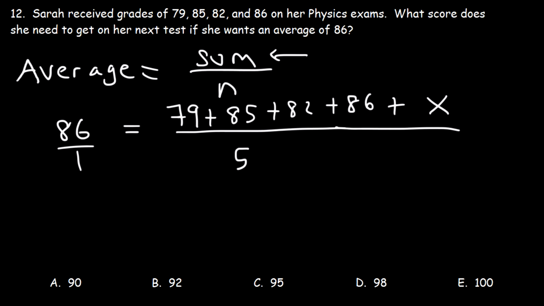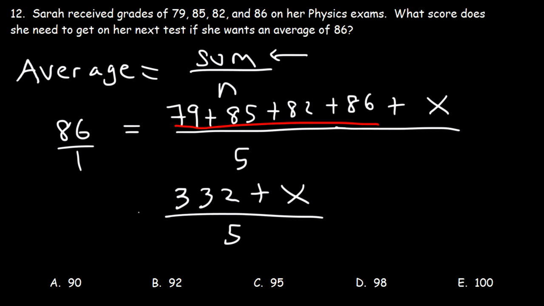So let's add these 4 numbers. So let's add 79, 85, 82, and 86. The sum of those 4 numbers is equal to 332. So we got 332 plus x divided by 5, and that's equal to 86 over 1. Now let's cross multiply. 86 times 5 is 430.